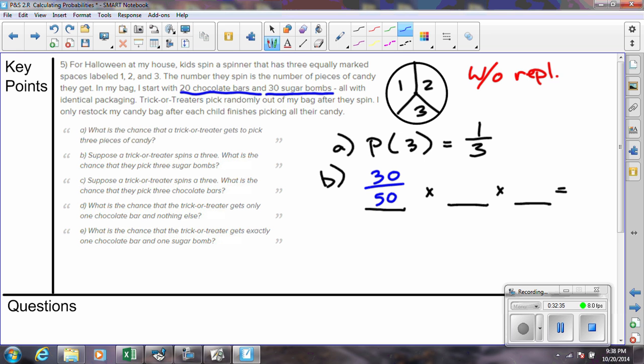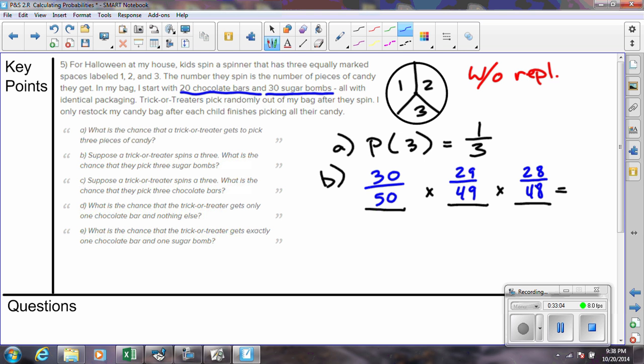If you assume that they've picked a sugar bomb for the second one, then that's telling us it's 29 successes out of 49 remaining candies. And if they pick another one, that would say that there are 28 out of 48 remaining sugar bombs. And so when we crunch those numbers, we can just say 30 times 29 times 28.